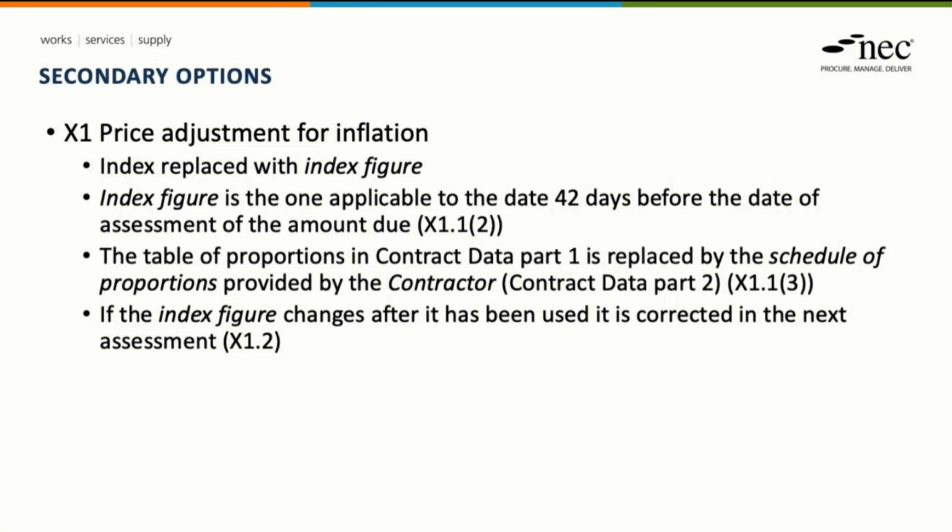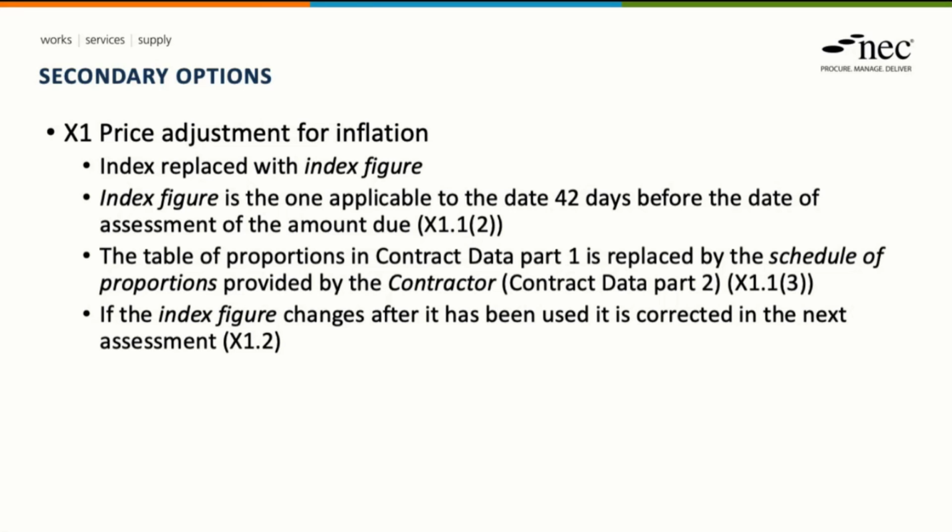Moving on to the secondary options, we've made some changes to X1. The key change here is where the table of proportions sits. It now sits within Contract Data Part 2 rather than Contract Data Part 1, and the intention here is for the contractor to provide the table or schedule.